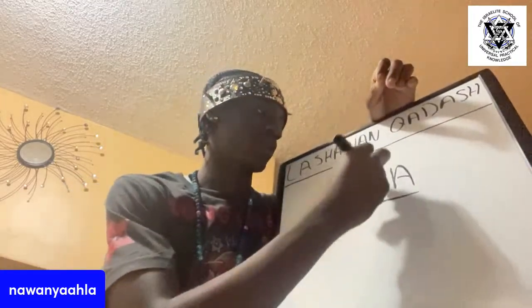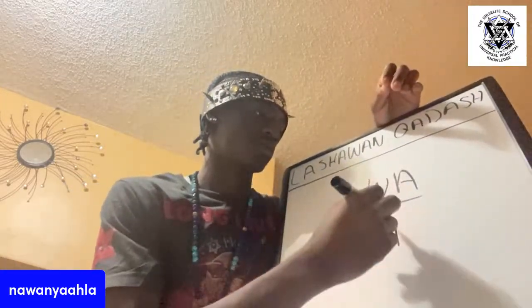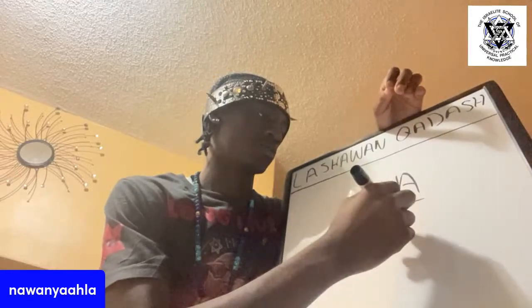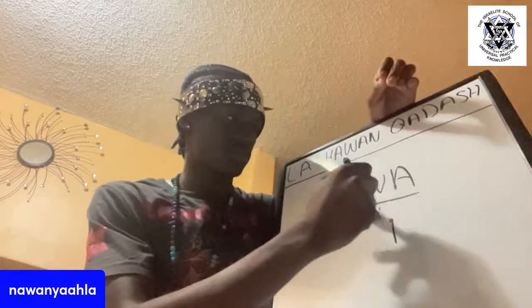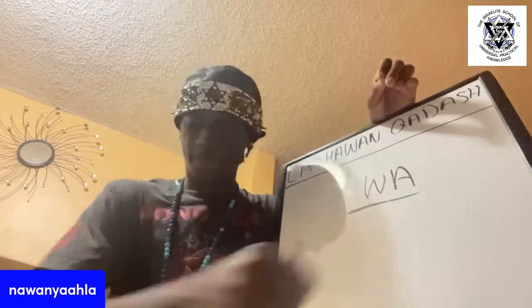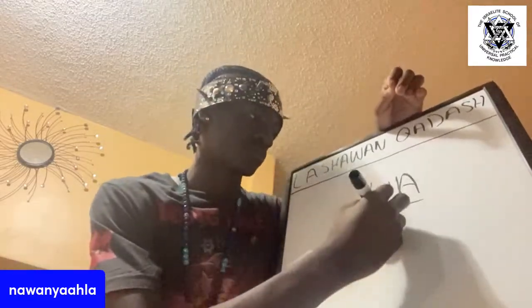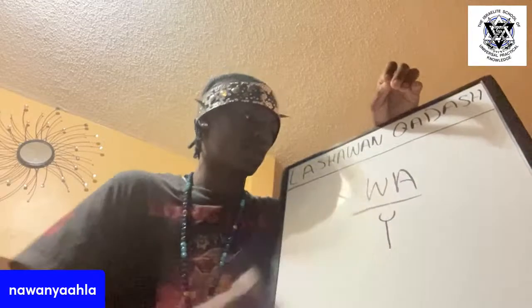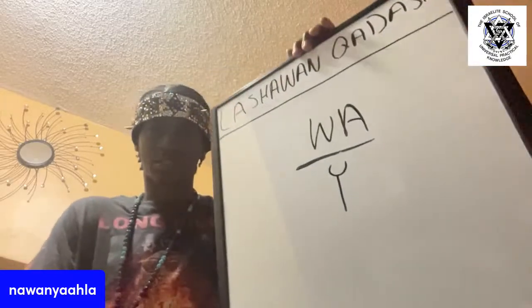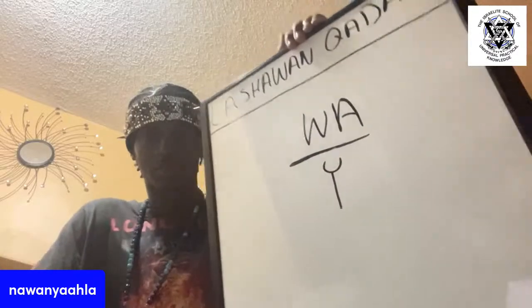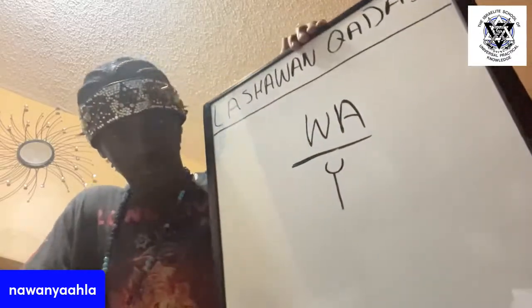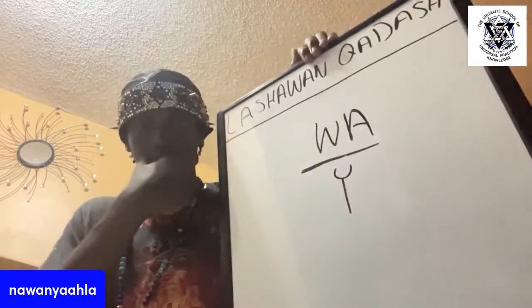Next up, we got the Wa, which is similar to the Kwa, but this is the Wa in the Paleo Hebrew.